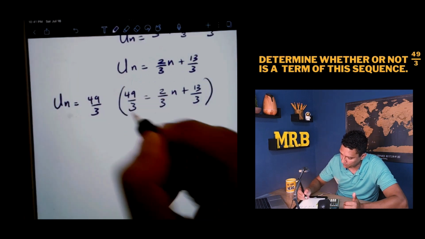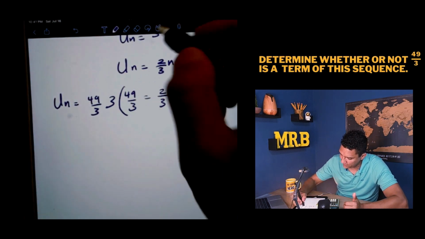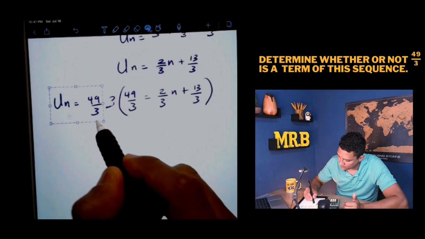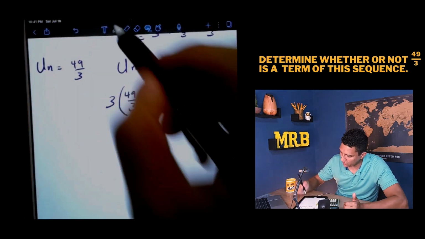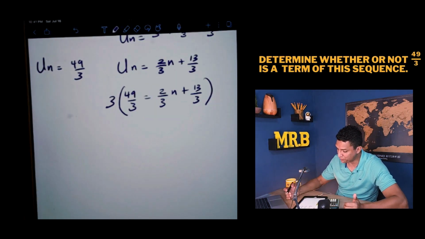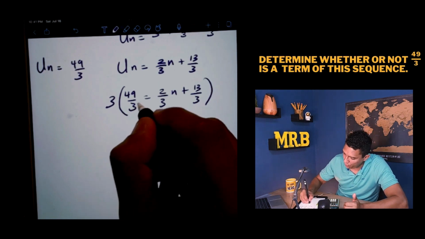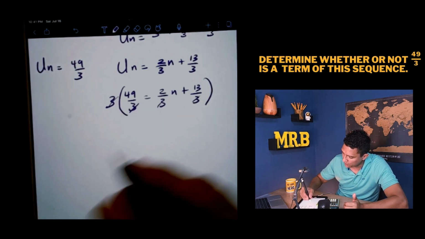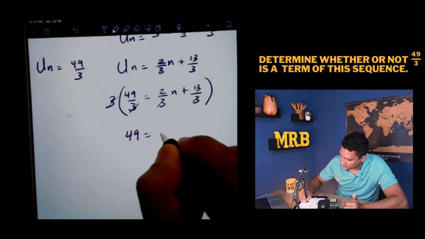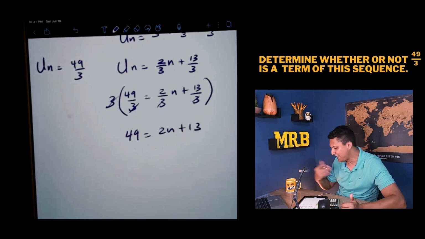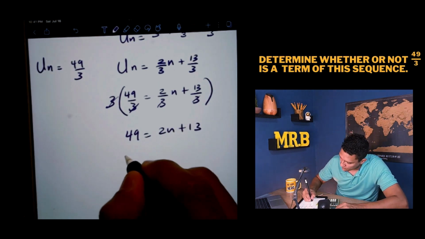Let me move this because I think it is confusing here. So if I multiply the whole expression by 3, I'm going to cancel all the denominators, and I'm going to have 49 equals 2n plus 13. And now I just need to solve the equation.